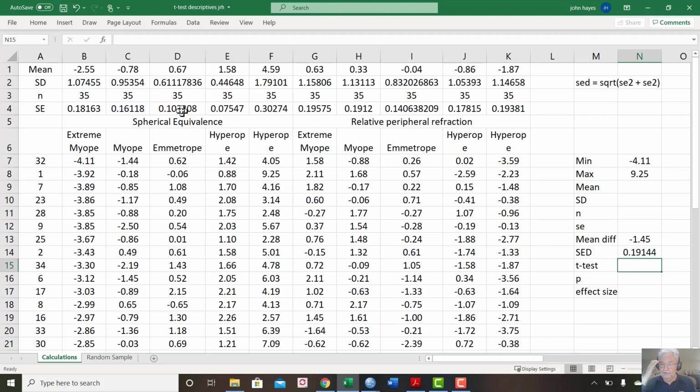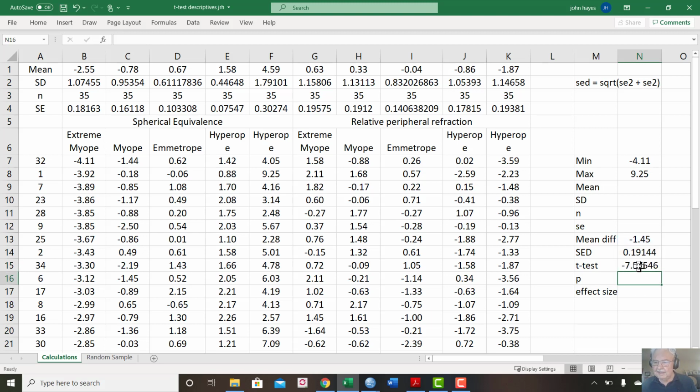That's the standard error of the difference. Then the t-test is the mean difference divided by the SED. So it's this row, which is 14 and n, so it divides by n14.